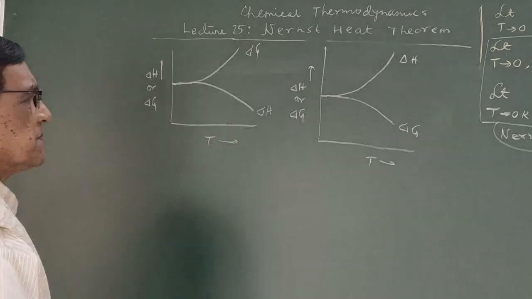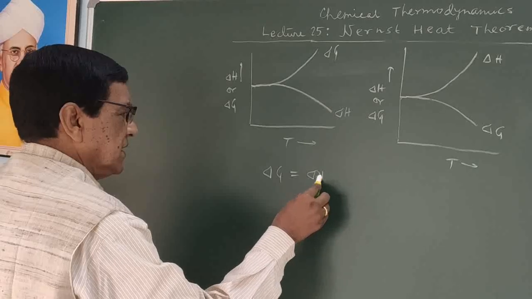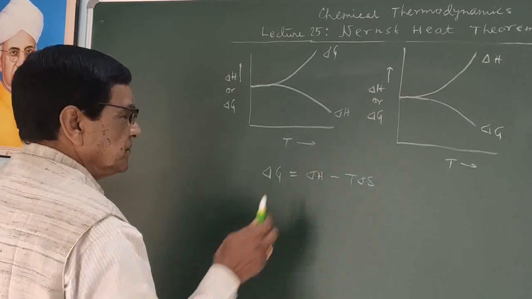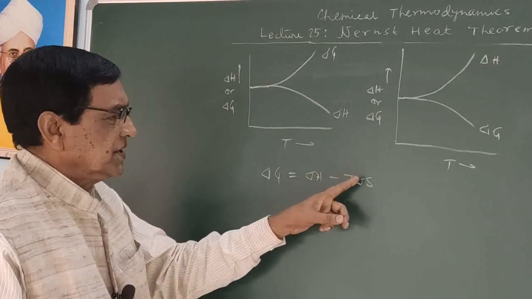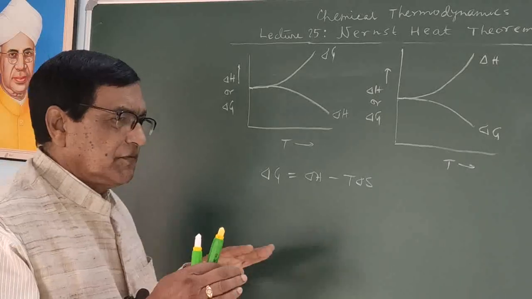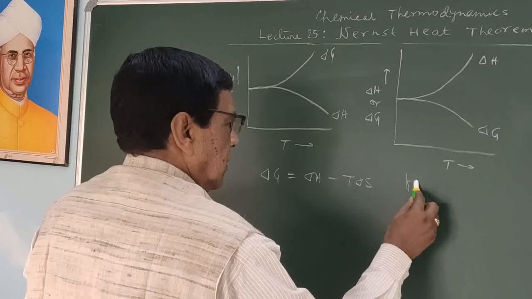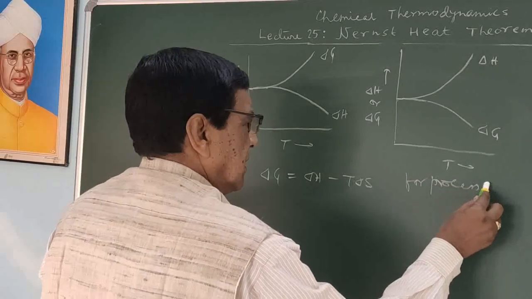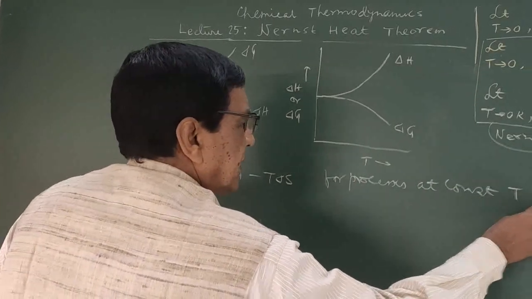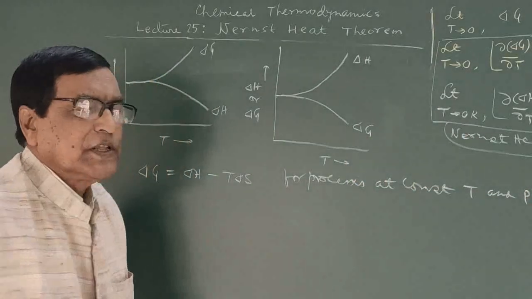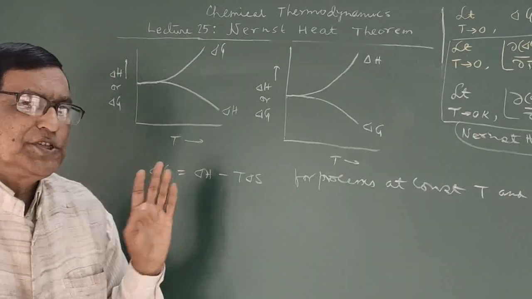So these two could be explained by using this relation, delta G equal to delta H minus T delta S. Delta G is the free energy change, delta H is the enthalpy change, delta S is the entropy change for the processes at constant T and P. So these two curves we can easily explain by the use of this relation.